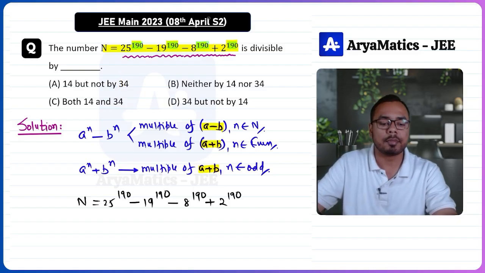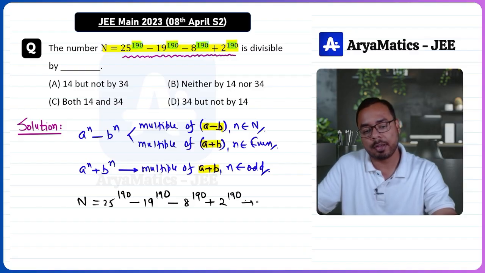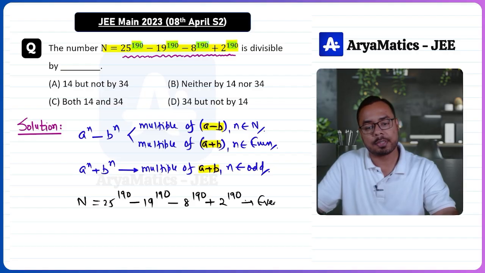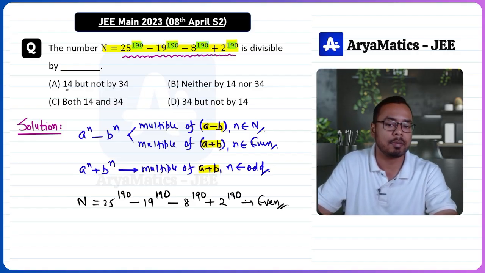So here 25 raised to 190 will be an odd number. 19 raised to 190, another odd number. Odd minus odd will be even. And the other two numbers are even numbers. So that means this given number n is an even number. And once we have established that it is even, we do not have to check for 34 and 14.